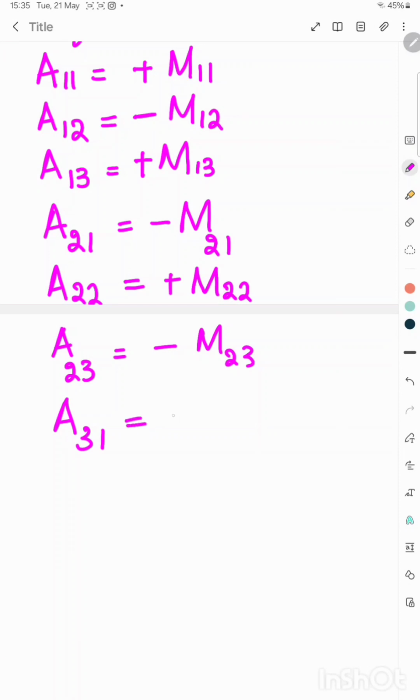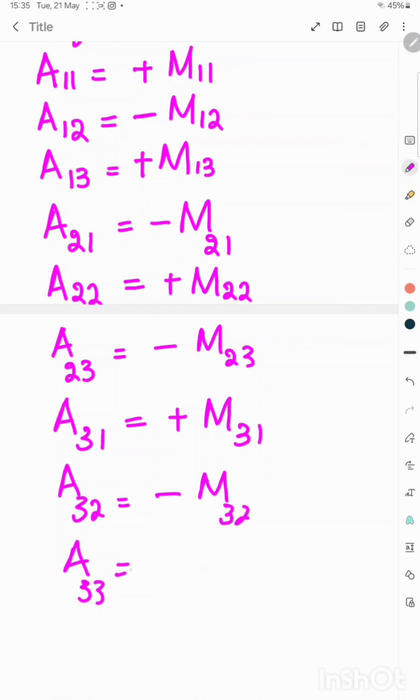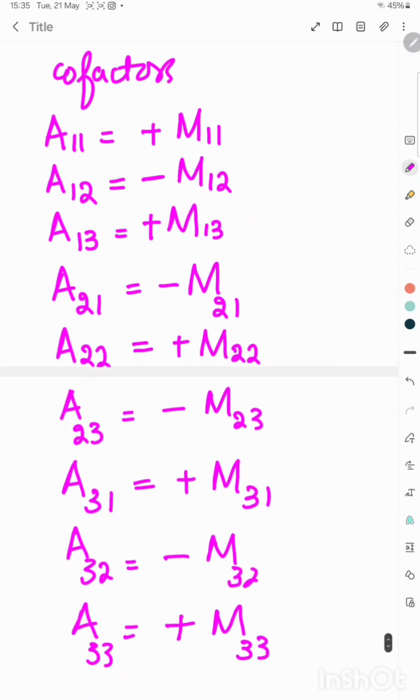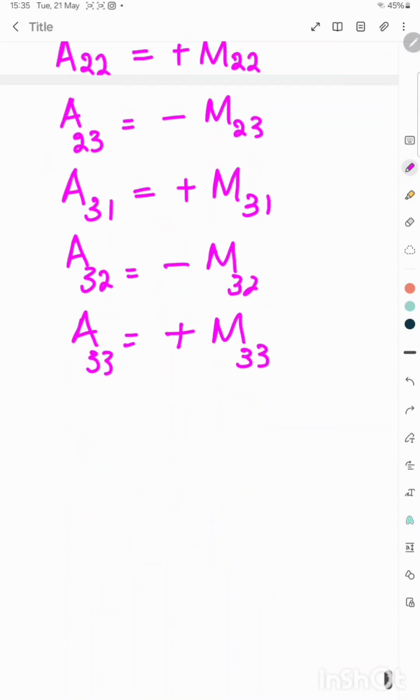So here A31 is equal to plus M31, A32 is equal to minus M32, and A33, which is the last cofactor of the 3 cross 3 matrix, is equal to plus M33. So students, as you see how we convert the minors into cofactors, you can see that the first term is positive, then negative, then positive, then negative, and similarly it goes on. Okay, so how will I write these numbers?